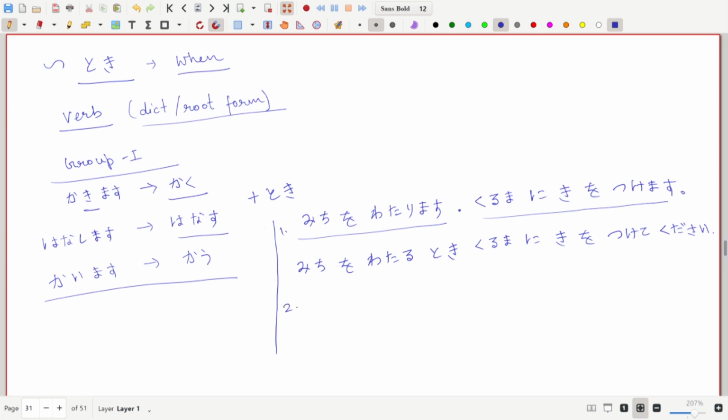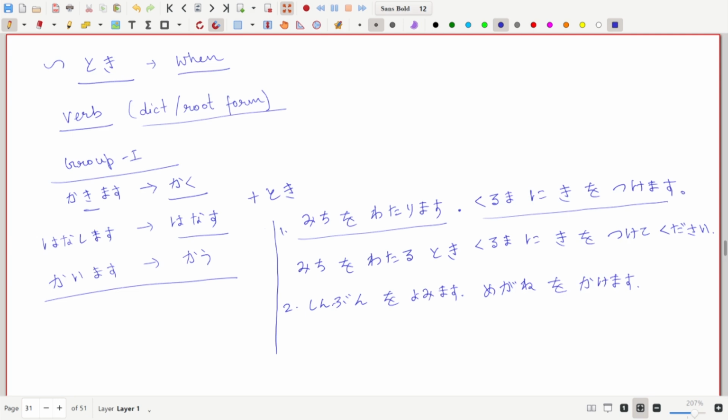Let's see another example. When you read the newspaper, use the specs. Shimbun o yomimasu. Megane o tsukaimasu or megane o kakemasu. I put on glasses.